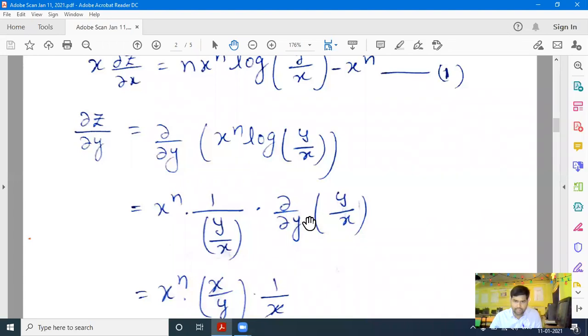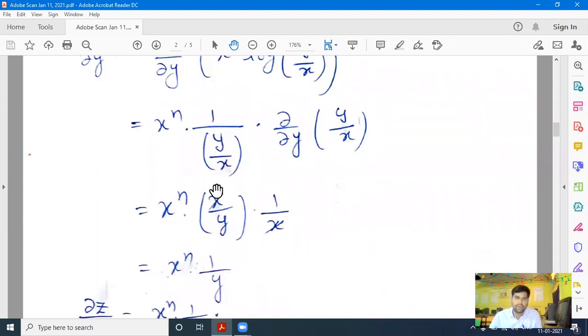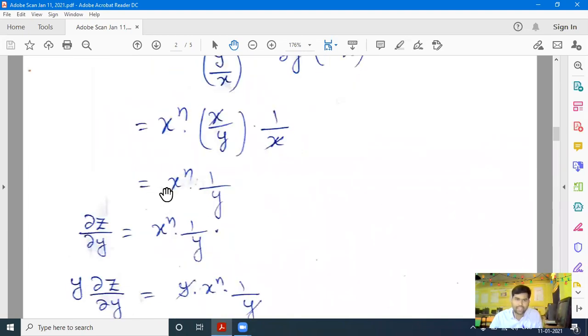So again this term's partial differentiation, that is ∂/∂y of y by x. So x to the power of n into the reciprocal of this one, which is x by y, into, so here 1 by x is constant. So 1 by x into ∂y/∂y. So that is 1. So x will get cancelled.